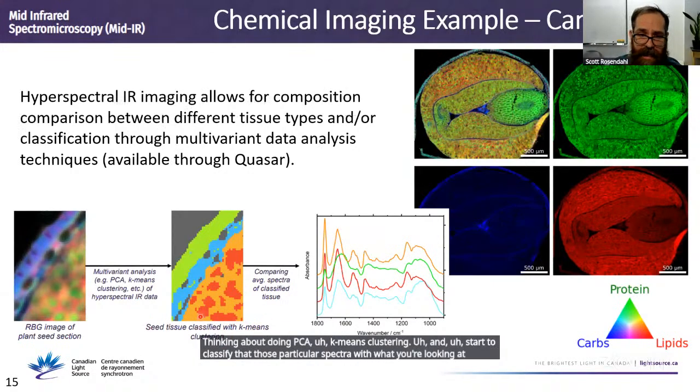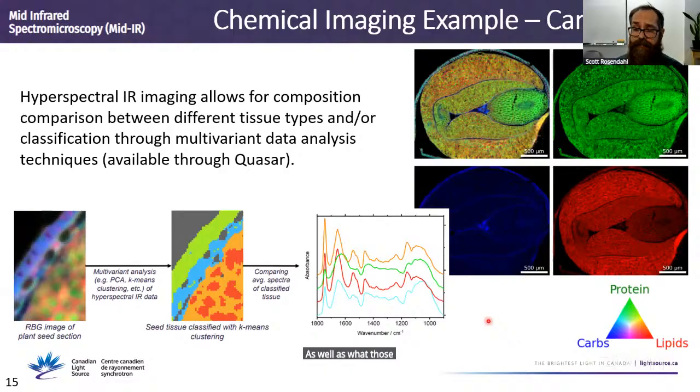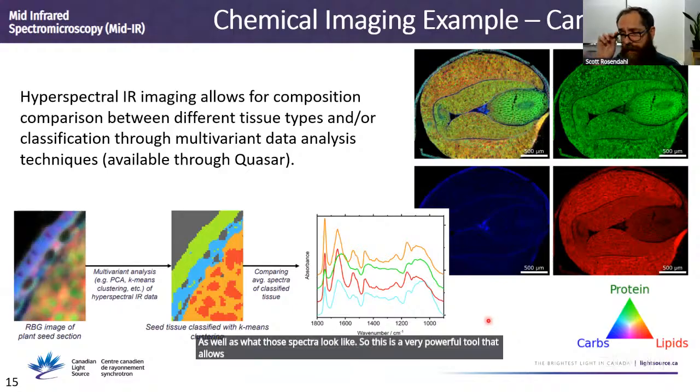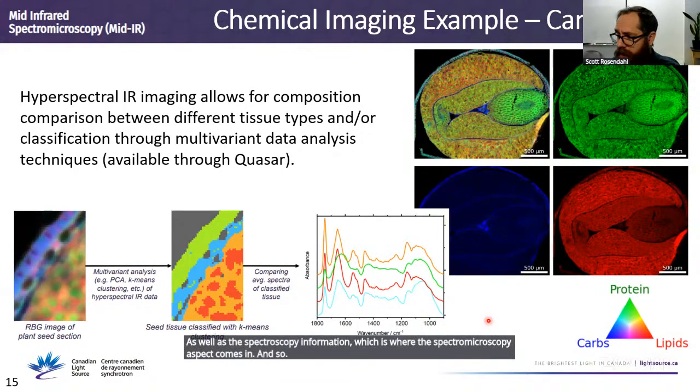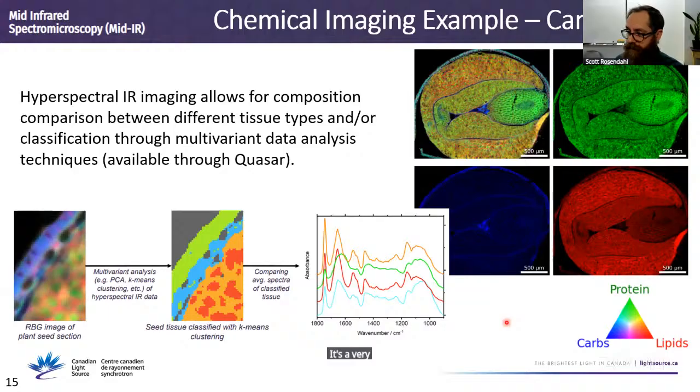In this case, this is k-means, and you could definitely see the various components being pulled out, as well as what those spectra look like. So this is a very powerful tool that allows us to combine the spatial information as well as the spectroscopy information, which is where the spectral microscopy aspect comes in. And so it's a very powerful and useful tool.